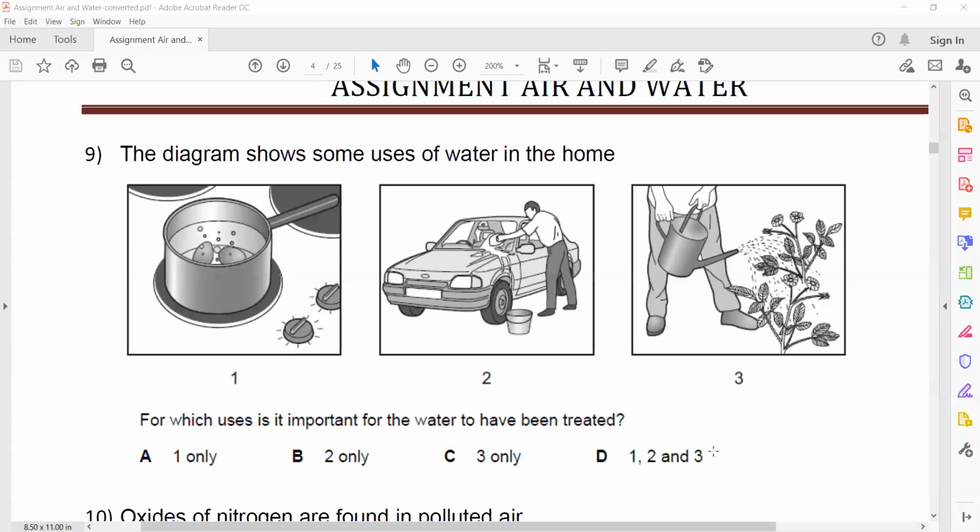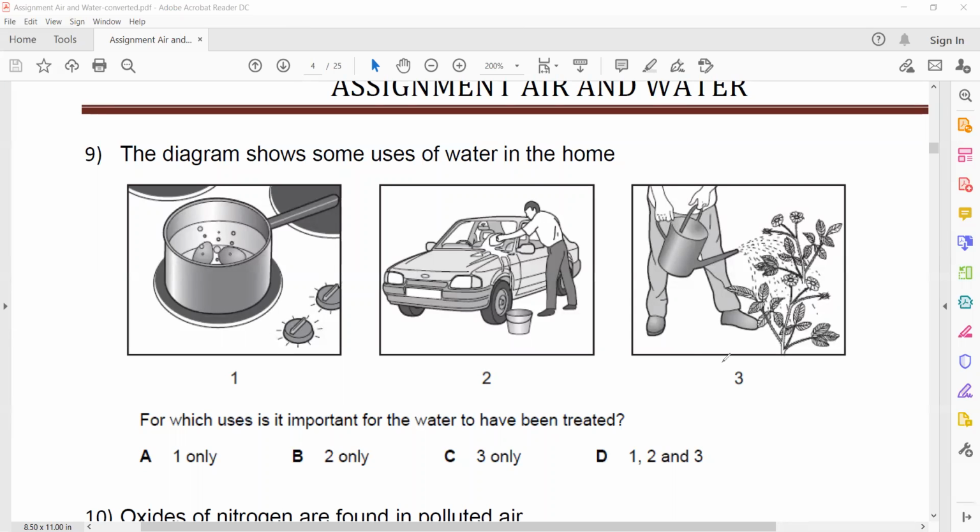Question 9. For which use is it important for water to be treated? For cooking, the water, washing and for plants is not necessary.